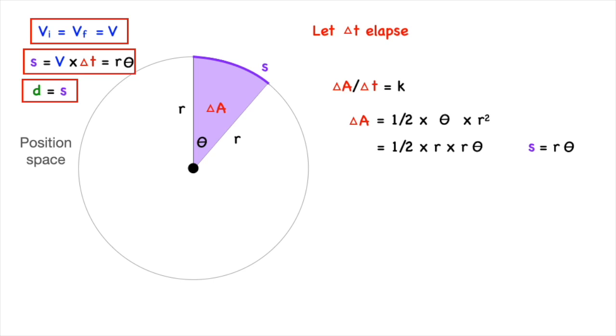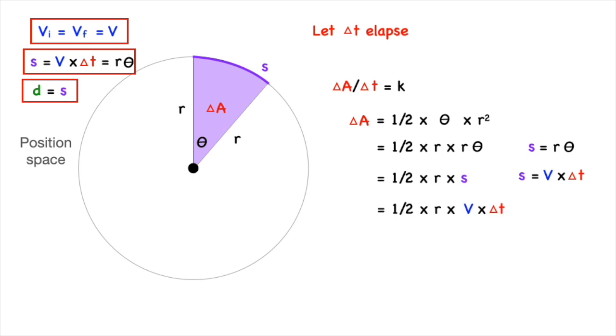As I earlier stated, s equals r times theta, so we can substitute s for r theta in our equation for delta A. Furthermore, we know that s equals v times delta t, so we can substitute this expression for s.